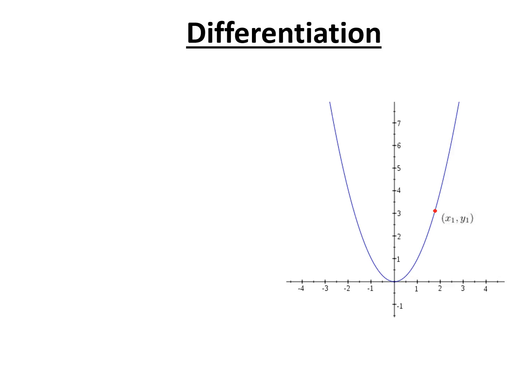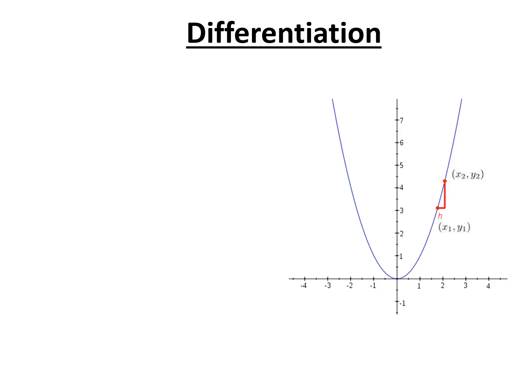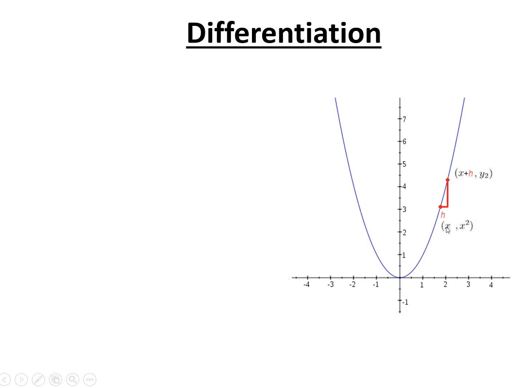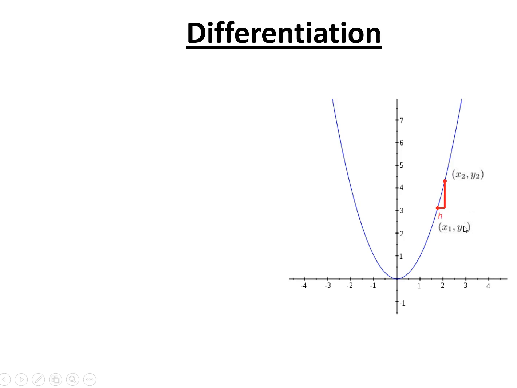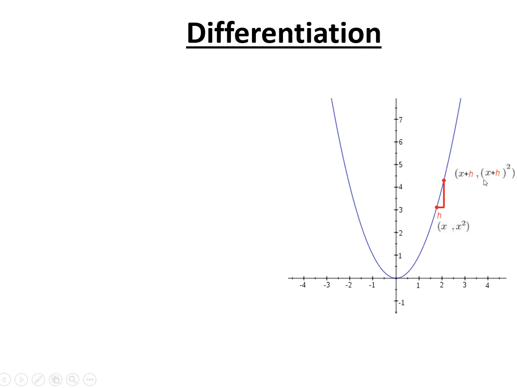So if we take our x squared graph like this, and we find 2 points on it, x1, y1 and x2, y2, and we know that these x points are displaced by this little distance here, which is h, so they're h distance apart, which means if this one's just x, then this one's x plus h, and this one's y value is going to be x squared because it's an x squared graph, which means our y2 is going to be x plus h all squared, because whatever your x value is at a given point, the y value is going to be that x value squared, like so.